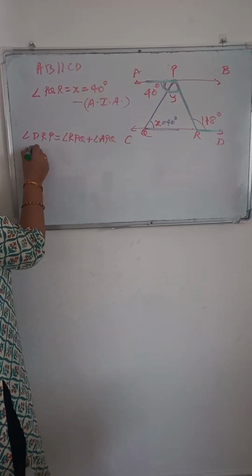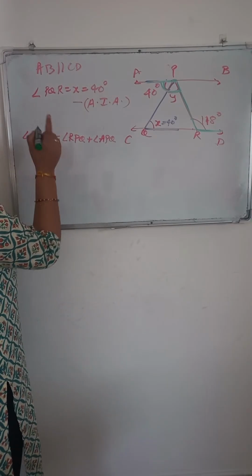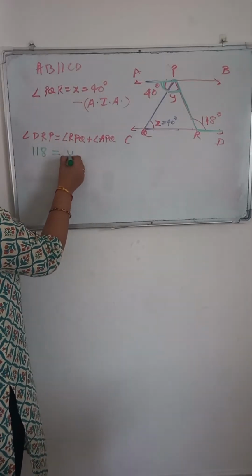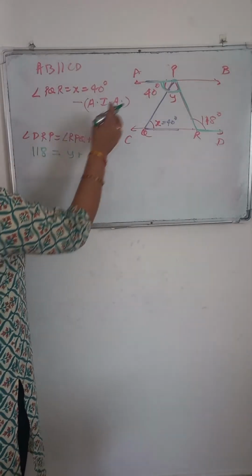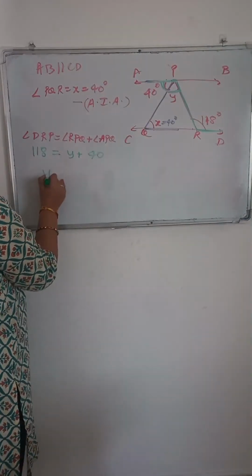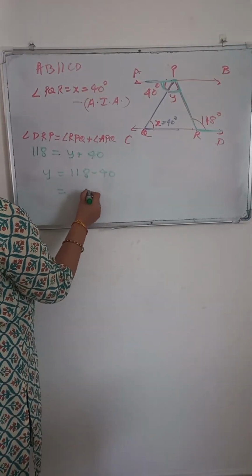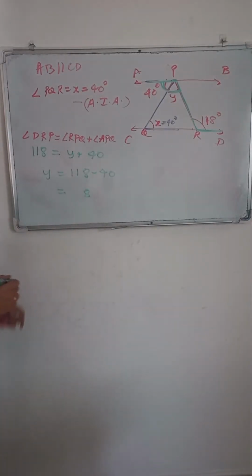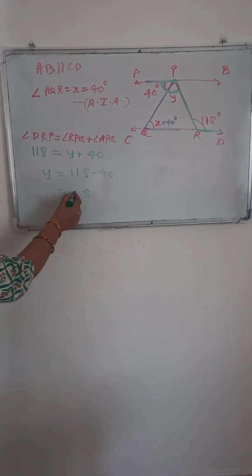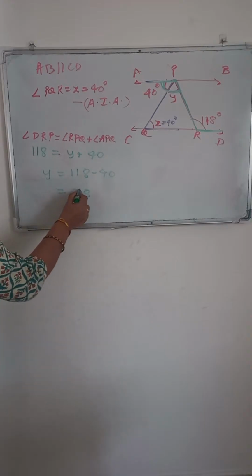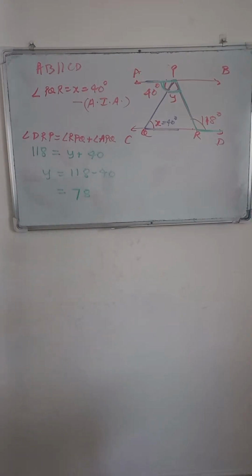And this entire angle is 118. RPQ is y and APQ is 40, no? So y is equal to 118 minus 40. That is 78. So copy this.